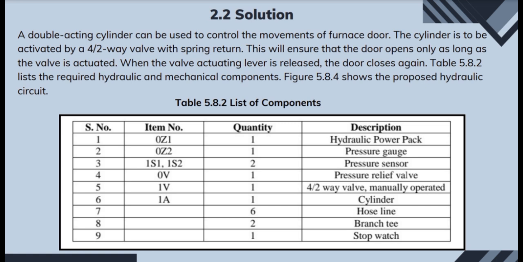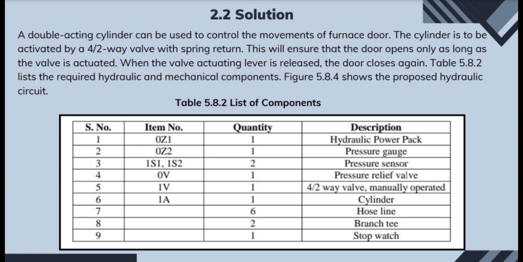S number 3, items 1S1 and 1S2, quantity 2, description is pressure sensor. S number 4, item 1V0, quantity 1, description, pressure relief valve. S number 5, item number 1V, quantity 1, description, 4-way valve manually operated.